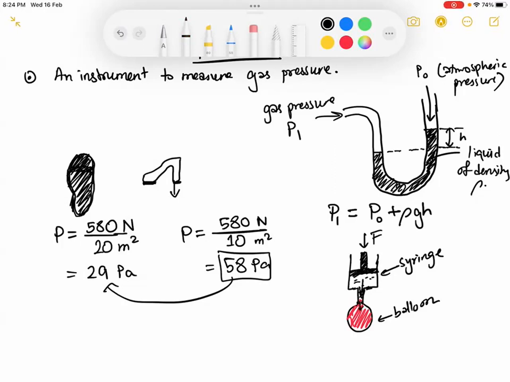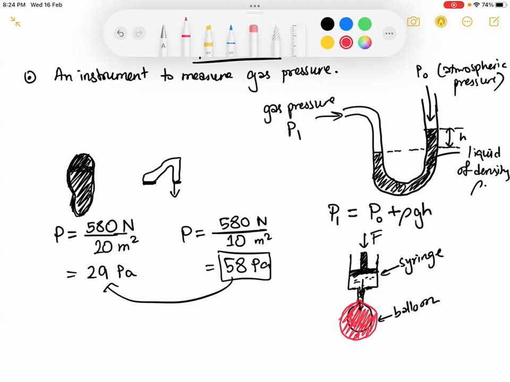And this balloon will not stay the same. It will obviously expand, right? Yeah, so that's what they mean about gases.